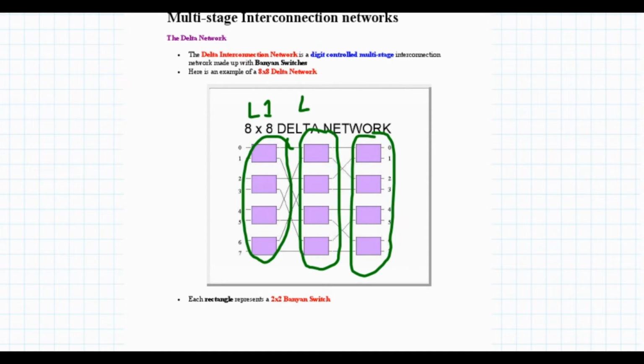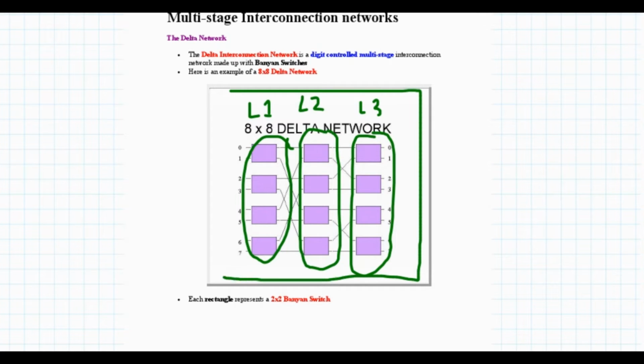This is your layer 2. This is your layer 3. So because of these different stages involved here, this type of interconnection network is called a multi-stage interconnection network. Here this is basically a generalized view of that.